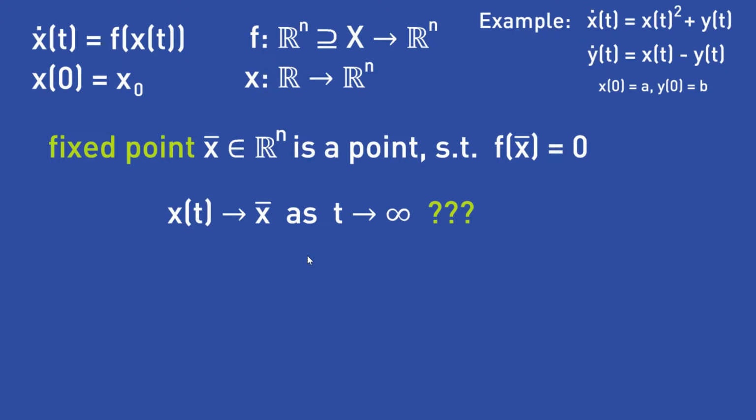We call a fixed point x bar asymptotically stable if such a convergence from the solution x(t) to the fixed point x bar can be shown.